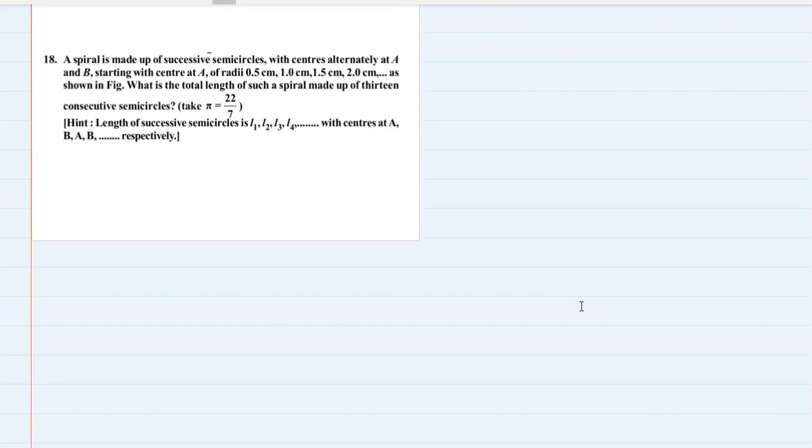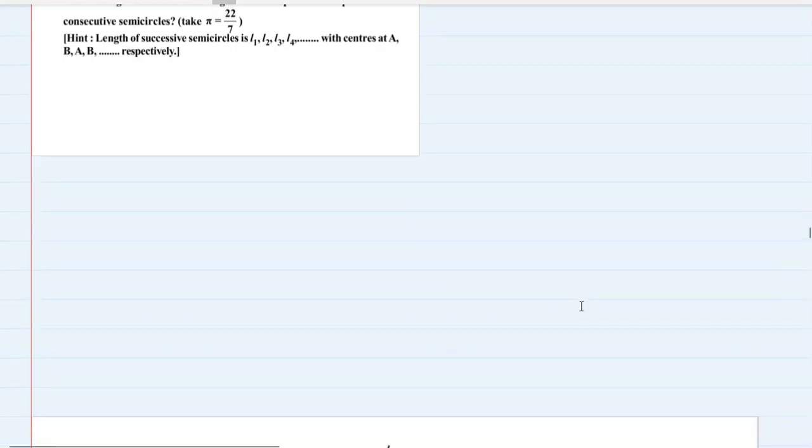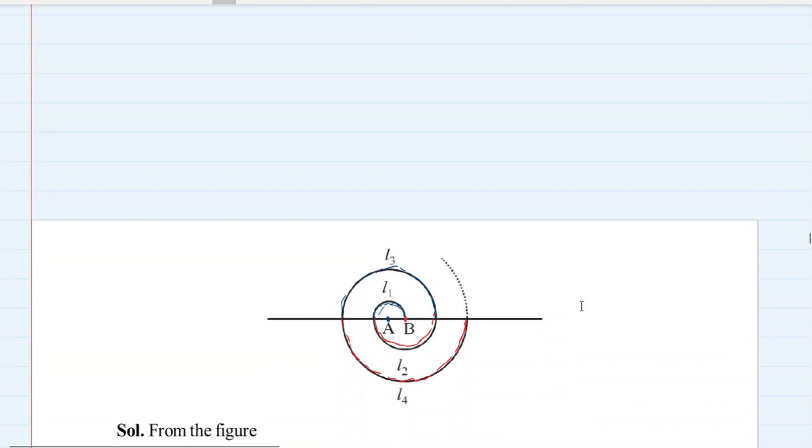Starting with center A, of radii 0.5 centimeter, 1 centimeter, 1.5 centimeter as shown in the figure. So the radius of the first circle, which I have shown in blue, that is this one, is 0.5.